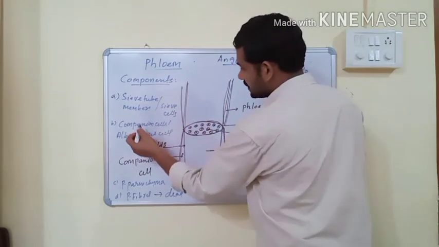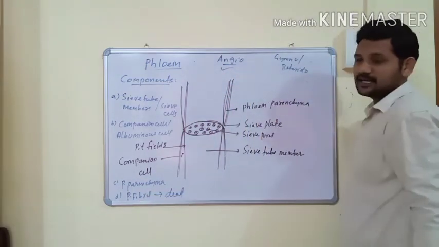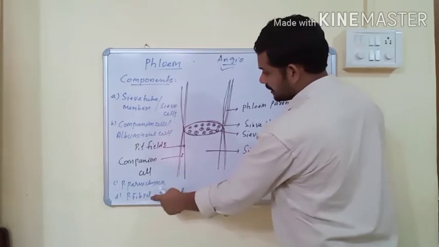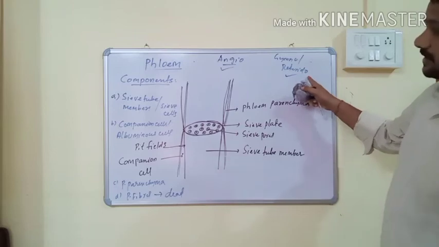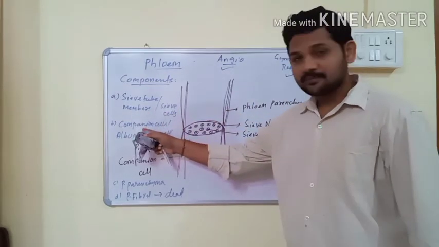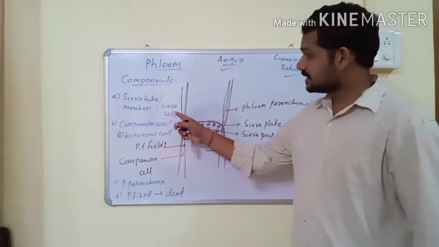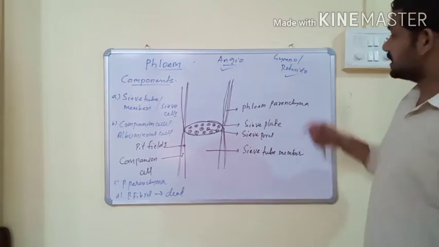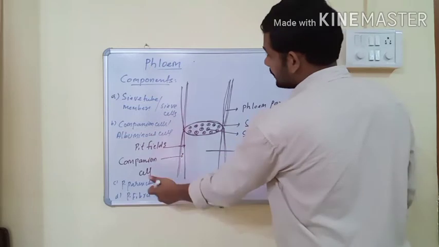Sieve tube members, companion cells, phloem parenchyma, phloem fiber are present in angiosperms. Sieve cells, albuminous cells, phloem parenchyma, phloem fiber are present in both gymnosperms and pteridophytes. So sieve tube members and companion cells are present only in angiosperms, while sieve cells and albuminous cells are present in gymnosperms and pteridophytes.